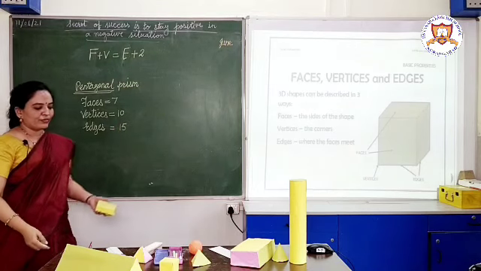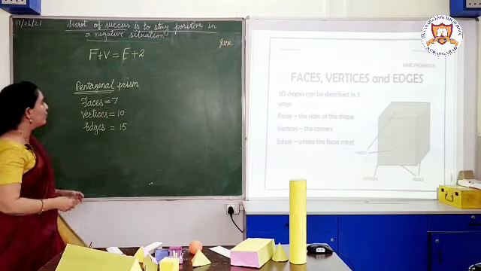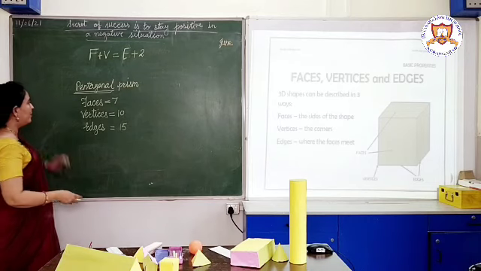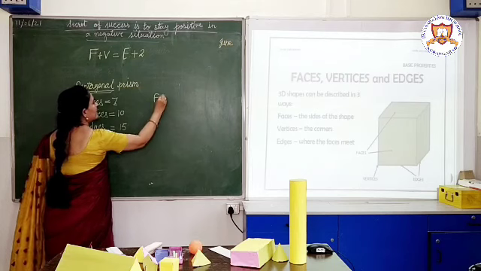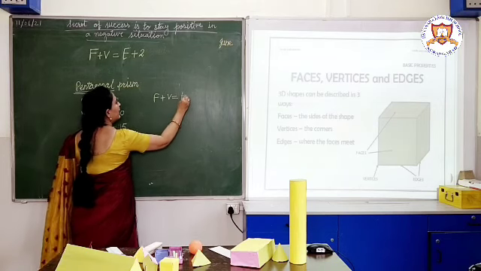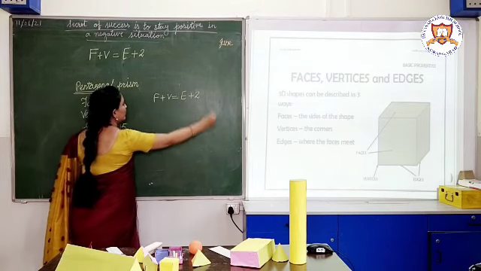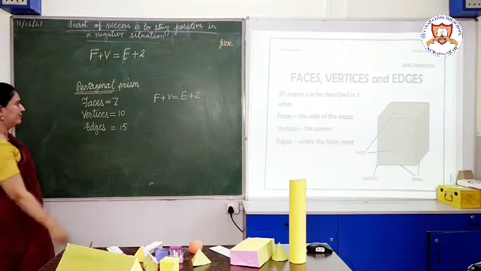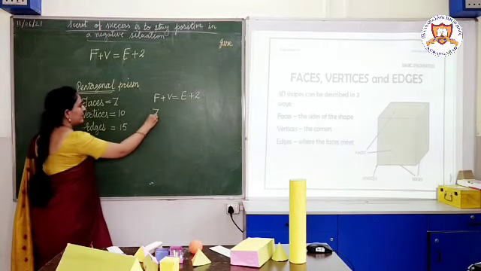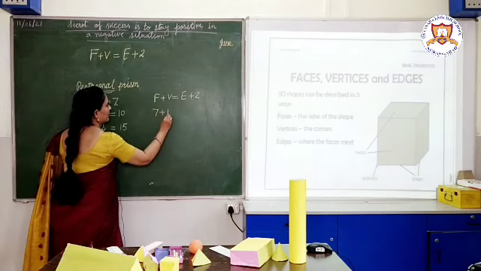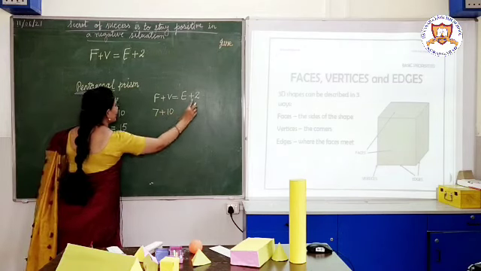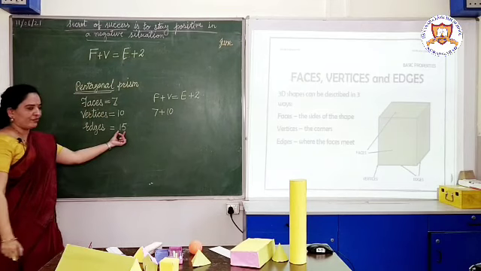Now check the formula. Is it true or false? How many faces? 7. What is the formula? F plus V is equal to E plus 2. Put the values. Faces 7, vertices 10. Now check for edges, 15.